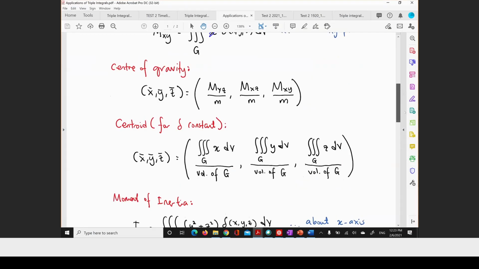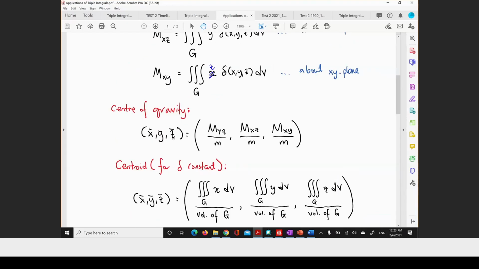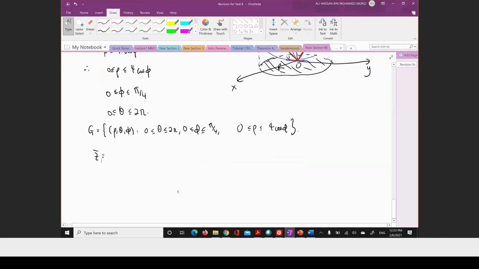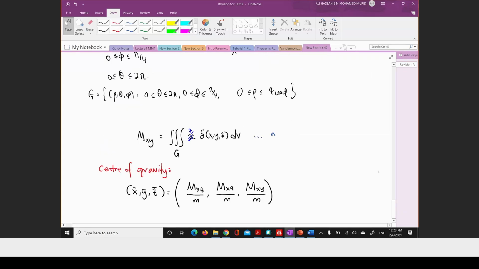Z bar is mxy over m. You need to recall this fact.